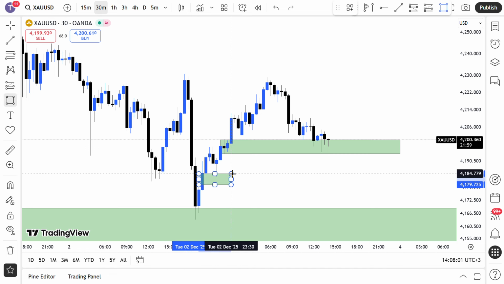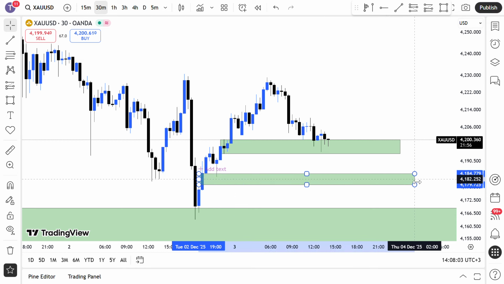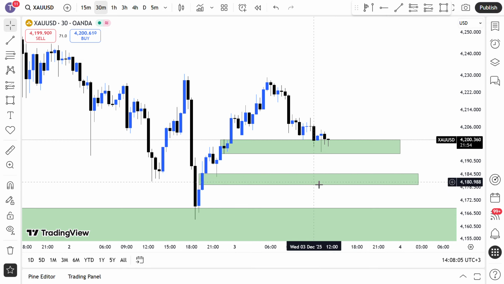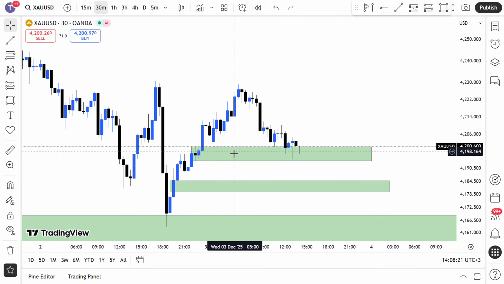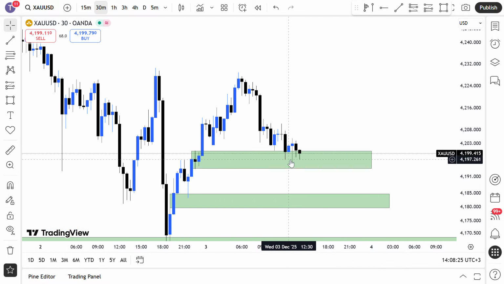So I'm looking to see if price will come down here to fill in this fair value gap completely, because we had the price coming down to tap into that fair value gap, but the price did not fill it completely, but the fair value gap has already been mitigated. Currently right now, let's focus on this area. Let's try to look for a trade from this area, and then we look to buy to the upside.